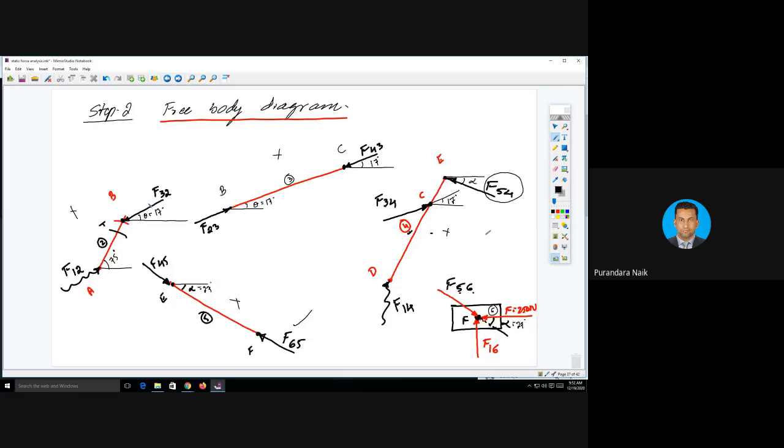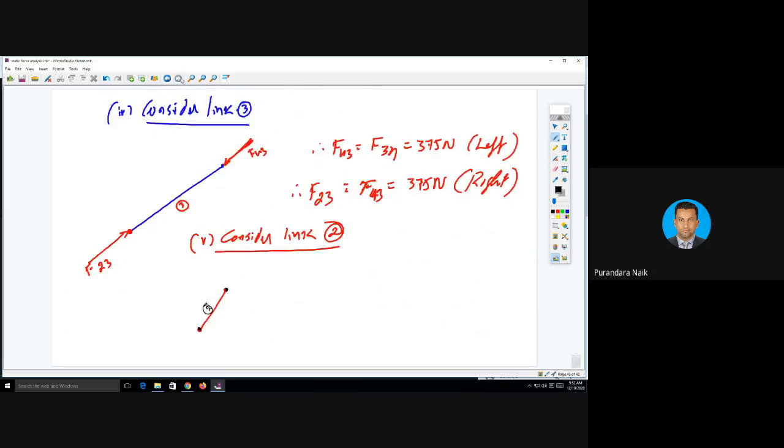It is 17 degree. This is F32, and this is the torque T. Because it is a two force member with a torque, the other force F12 is always equal and opposite to F32.